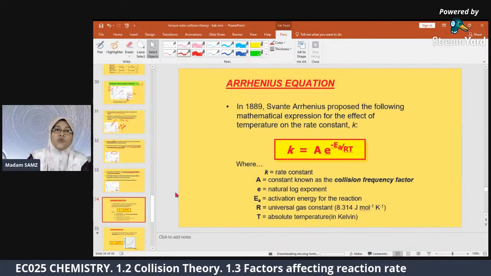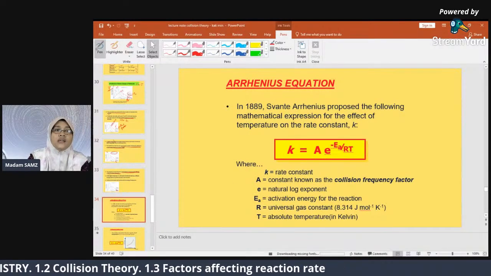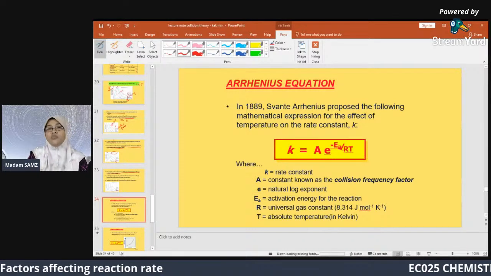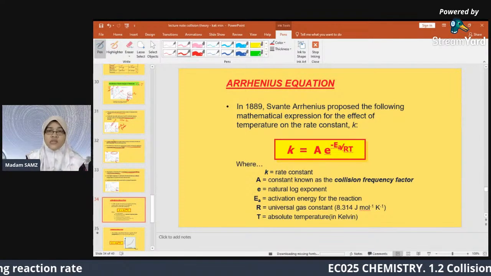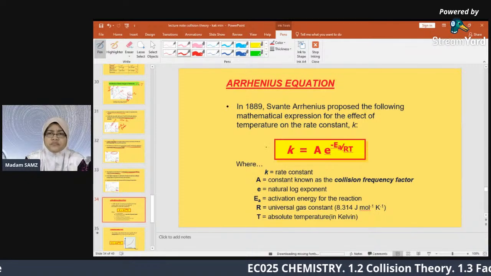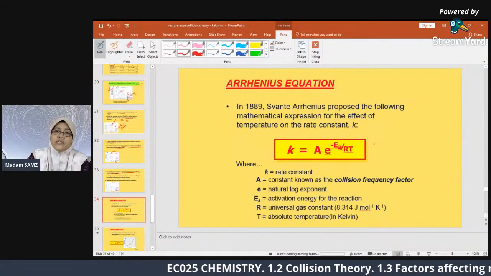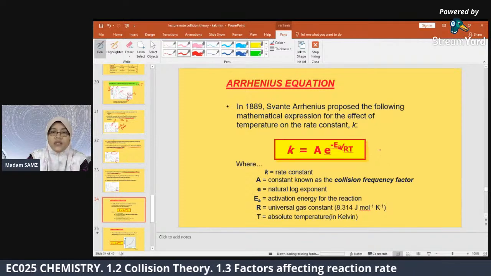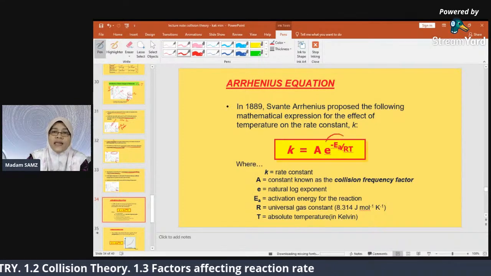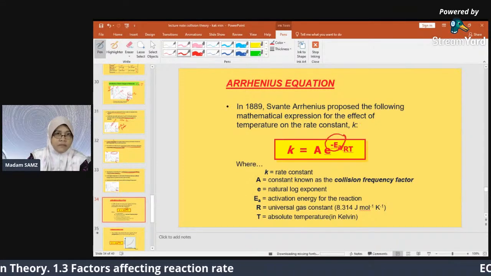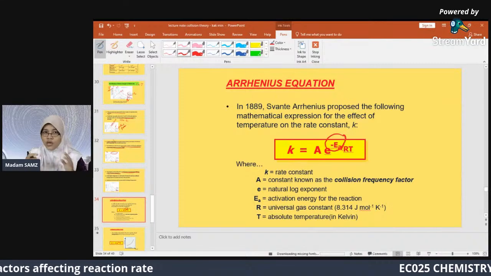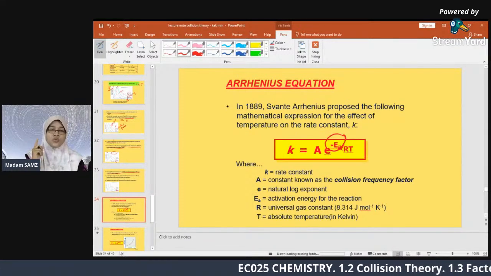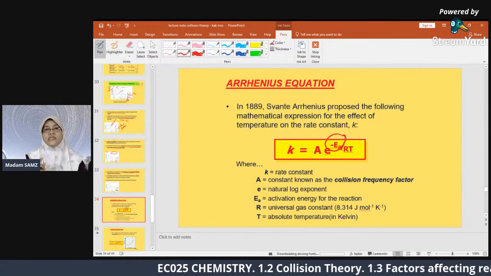Okay, Arrhenius Equation ni sebenarnya saintis Svante Arrhenius, selain pada dia buat ni, dia juga ada dalam topik acid base. Okay, Arrhenius. So Arrhenius ni berjaya menghasilkan equation, satu formula yang boleh relatekan activation energy. Alright. So bila ada soalan activation energy, actually it is hint for you to use Arrhenius equations.